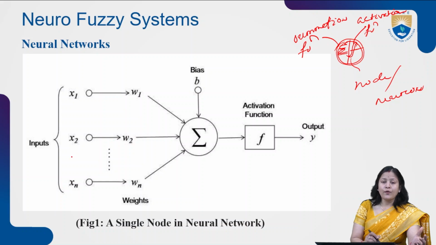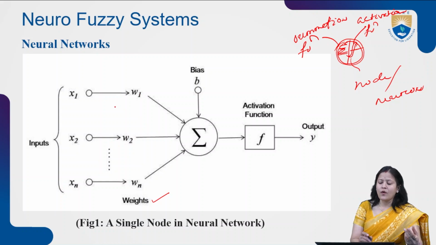Here, x1, x2, x3 up to xn are the inputs provided to the neuron, right? x1 is associated with w1, x2 is associated with w2, xn is associated with wn. So w1, w2, w3 up to wn are nothing but the weights. Each input is associated with its corresponding weight.